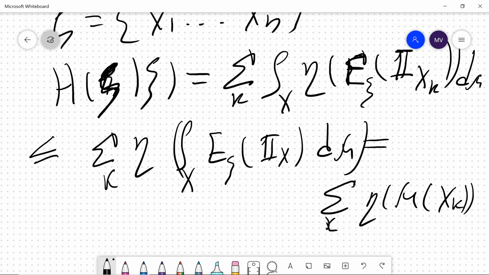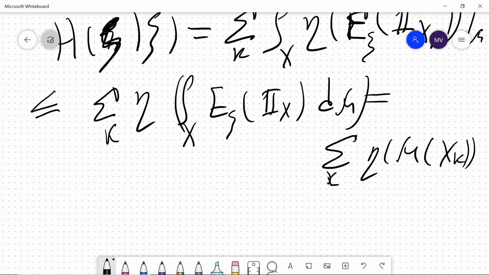And the equality will hold if and only if the conditional expectation is a constant for each k.